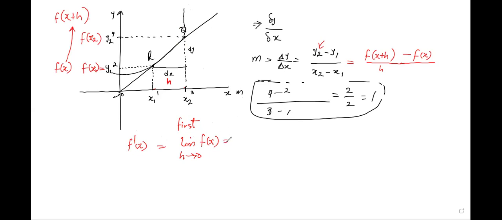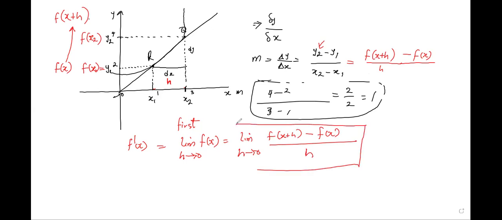So how can I do this? It's just to take the difference between these divided by the step size, which is going to be taking the limit as h tends to 0 of f of x plus h minus f of x upon h. This becomes the first principle formula.